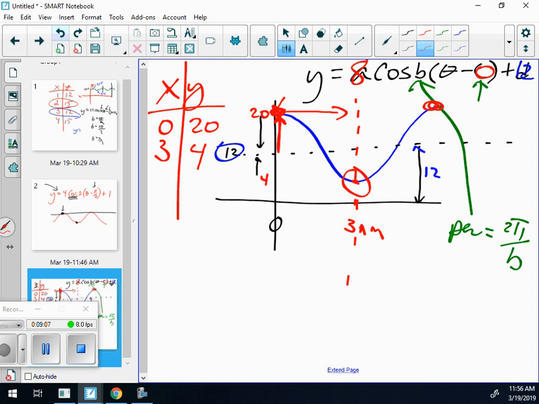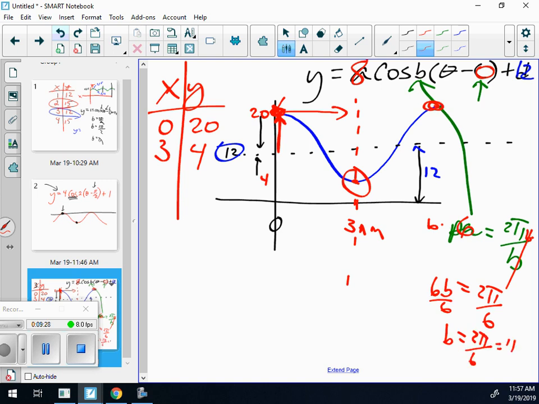So then I put in a 6, and I can figure out what B is. 6 equals 2 pi over B. So then I'm going to multiply both sides by B. Cancels. 6B equals 2 pi. Dividing both sides by 6. B equals 2 pi over 6.